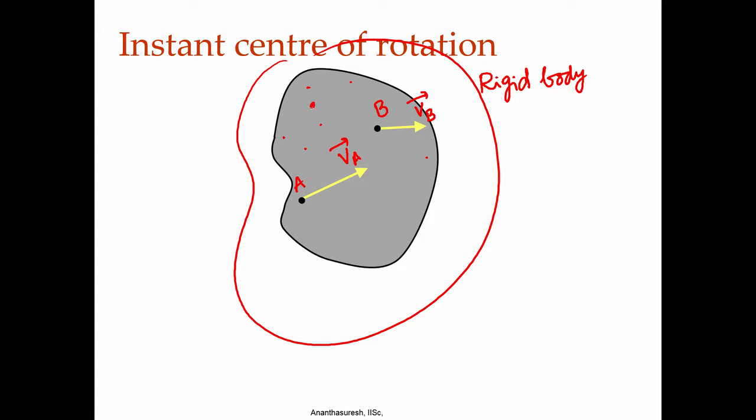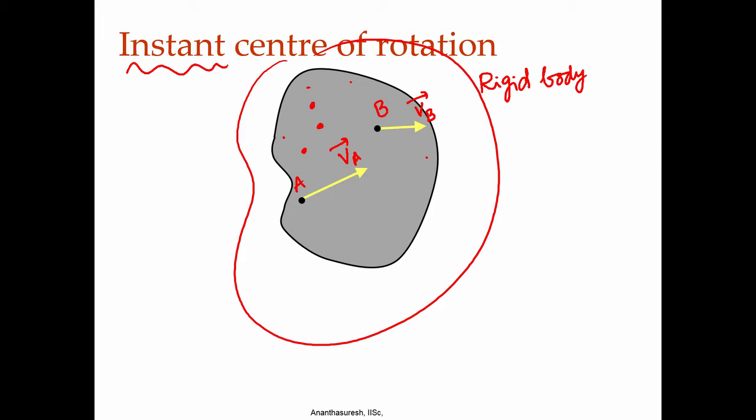If I take this point, it may have some velocity, this may have another velocity, but there will be one point which will have 0 velocity. If you look at the rigid body motion from that point, it appears as if the rigid body is rotating about that point at that instant. That is why we call it instantaneous center of rotation, instant for short. At this point, the rigid body appears to be rotating about that point.